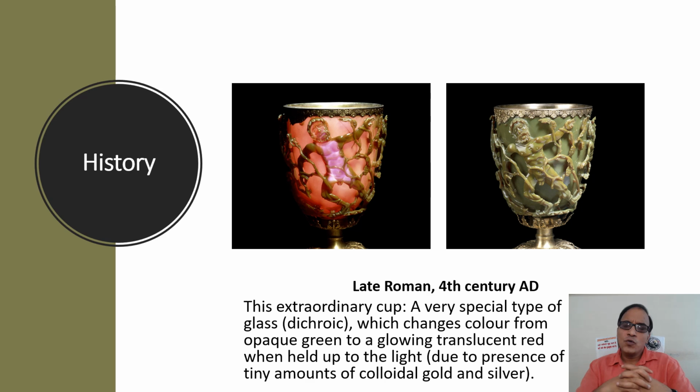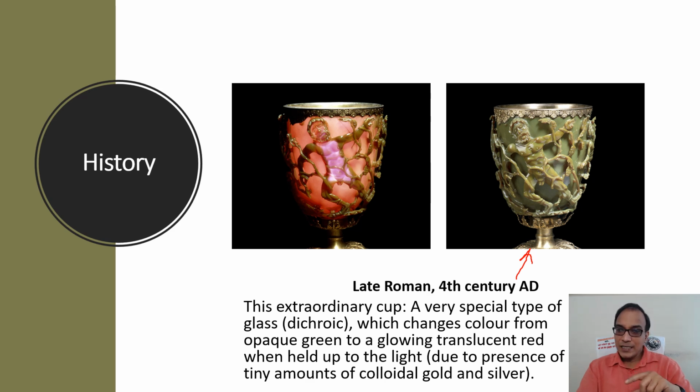Now, let me give you a brief history. It goes back to the late Roman 4th century AD. This extraordinary cup which you are seeing here is a very successful example of nanotechnology. It's a type of glass known as dichroic, which changes color when held up to the light.